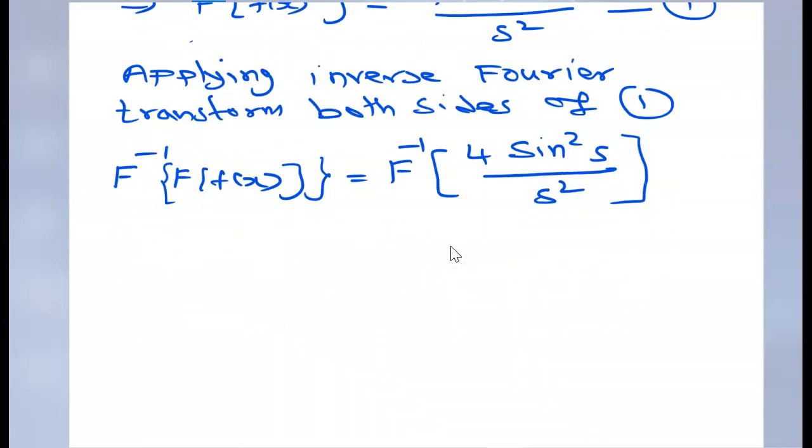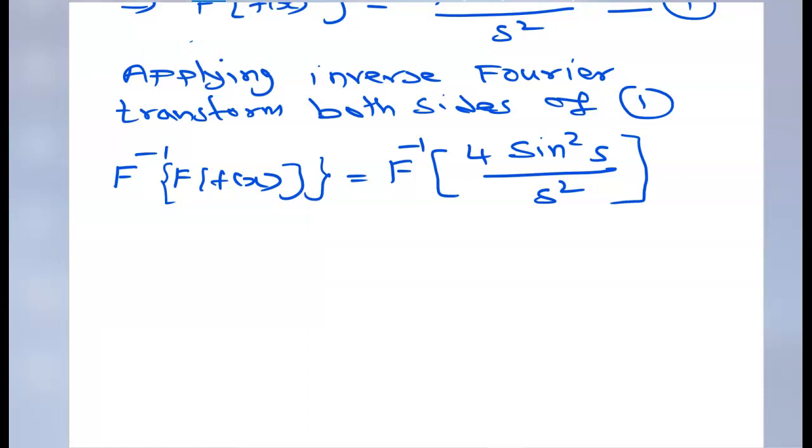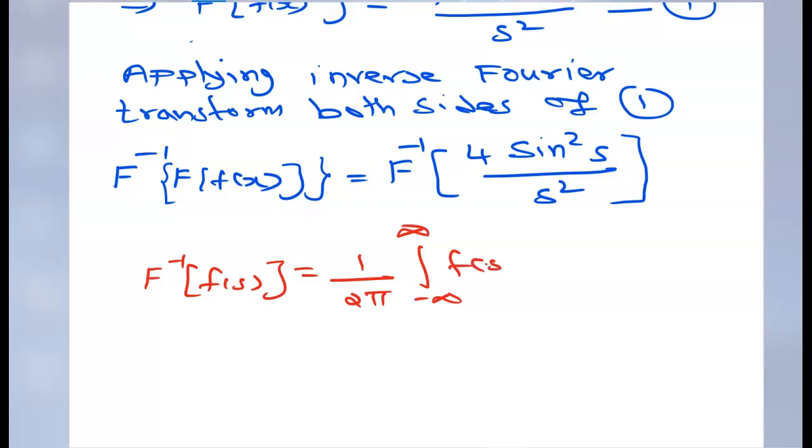Before applying, let me write it in red color. What is the Fourier inverse? F inverse of F of s is equal to 1 by 2 pi integral over minus infinity to plus infinity F of s e power minus j x s ds.